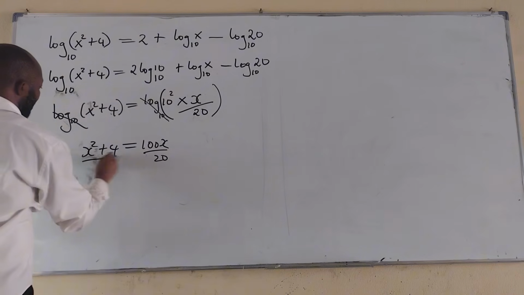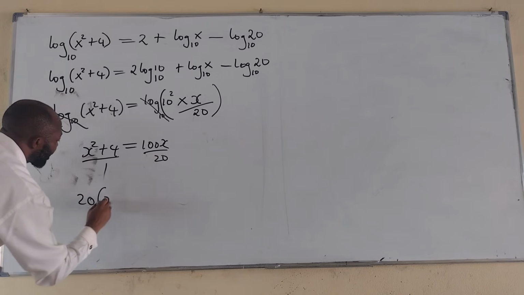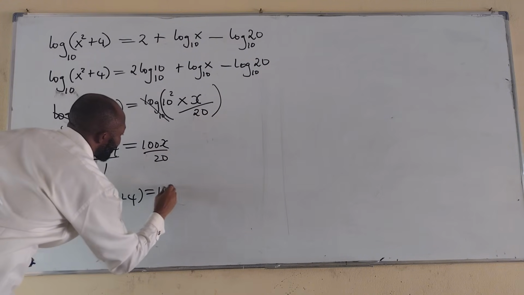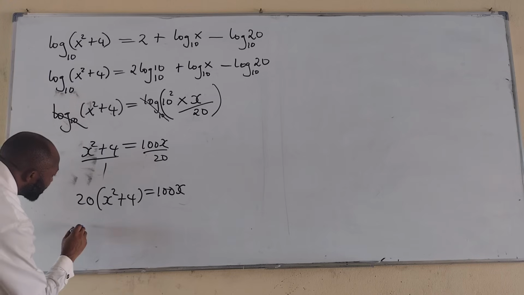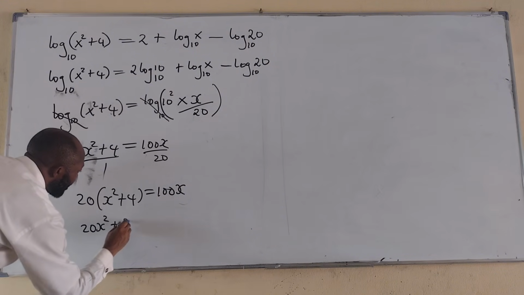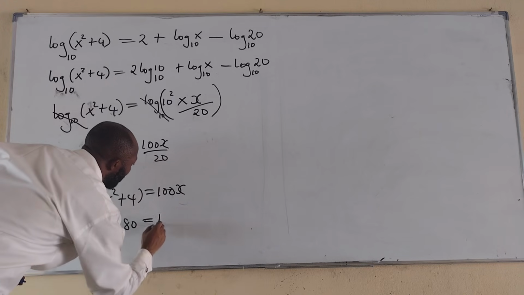Cross multiply. Okay, 20 times this, I have 20, open bracket, x squared plus 4, is equal to 100x. 20 times this is 20x squared plus 80, is equal to 100x.